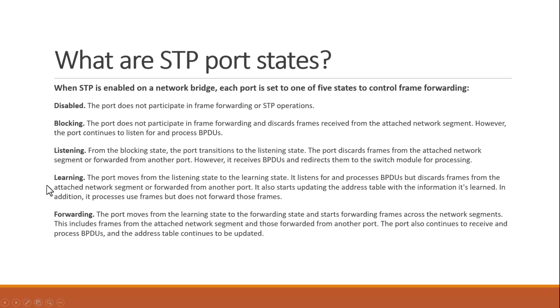From the learning it can go to blocking if needed, and if it needs to be forwarding, then the port will go to the forwarding state, and in this case the BPDUs and all the packets will be forwarded to that port.